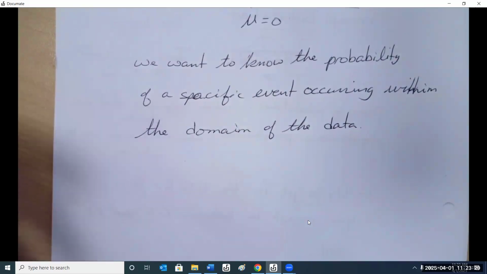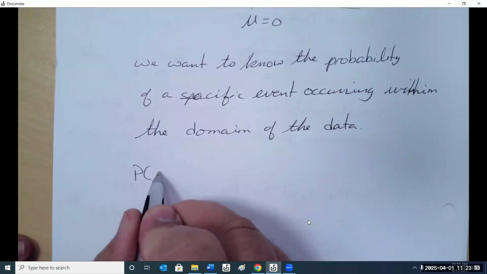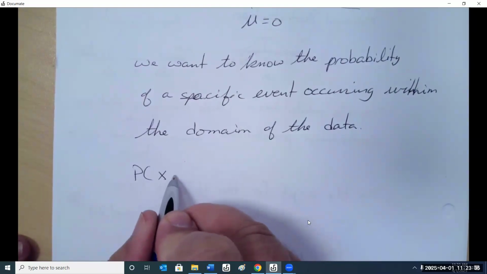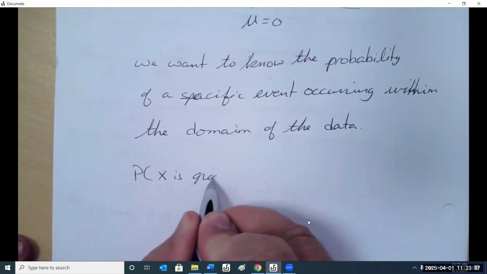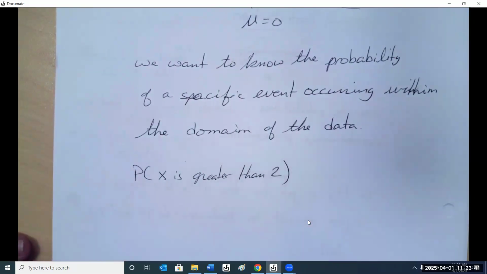So basically, remember we talked about probability? I want to know what is the probability that X is greater than 2, if we're looking at one die being tossed. What's the probability that the one roll gives you a number greater than 2?